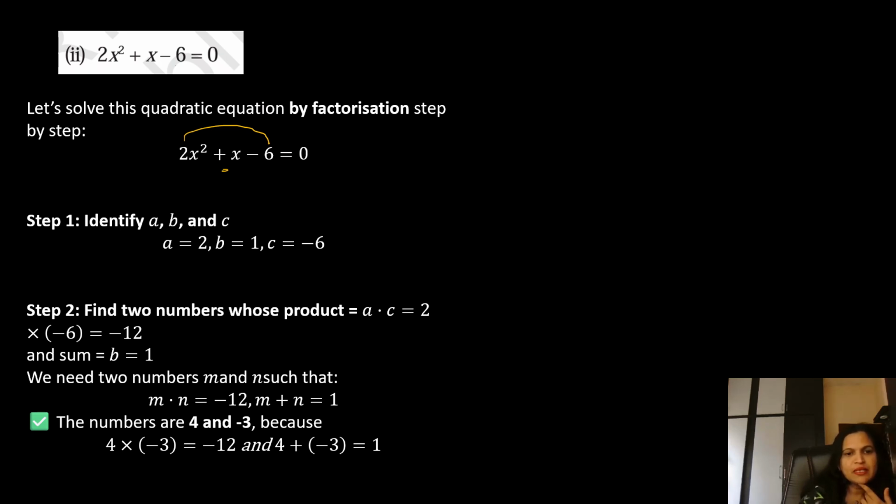How is it possible? 3 4s are 12. We can take 3 and 4, because if we subtract 3 from 4 we get 1. The numbers are 4 and minus 3, because 4 into minus 3 equal to minus 12 and 4 plus minus 3 equal to 1.